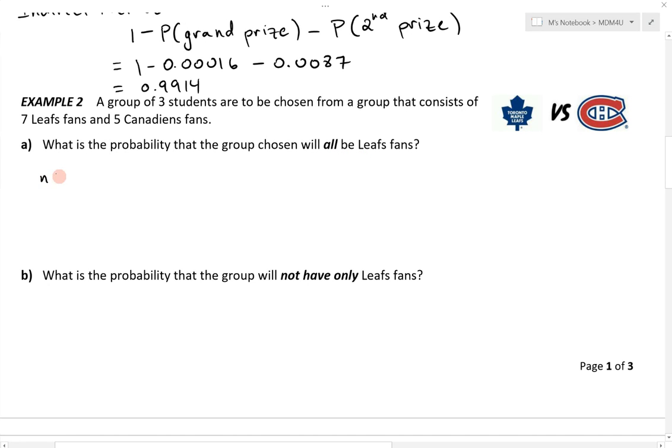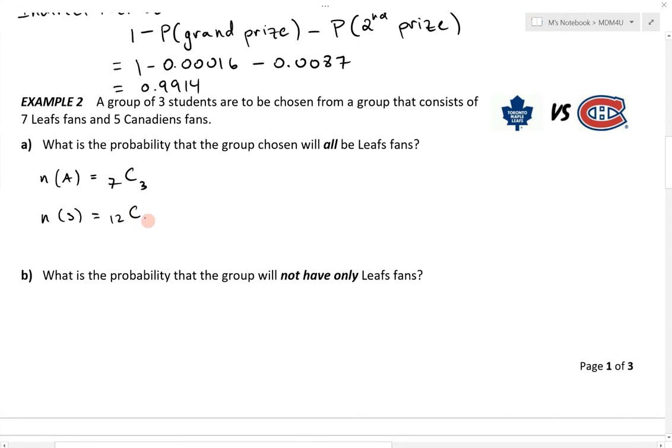So let's calculate the number of successful outcomes. So n of A is going to be 7 choose 3, because you're choosing a group of 3 students and you have 7 possible Leafs fans to choose from. The total number of outcomes: if I add 7 and 5, I get 12, so I have 12 total different fans.